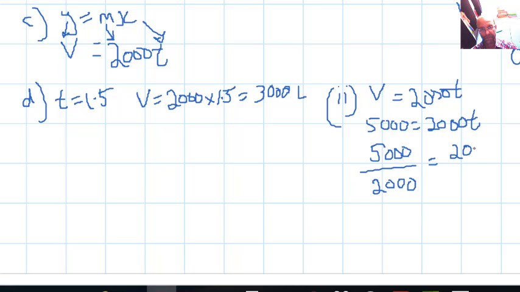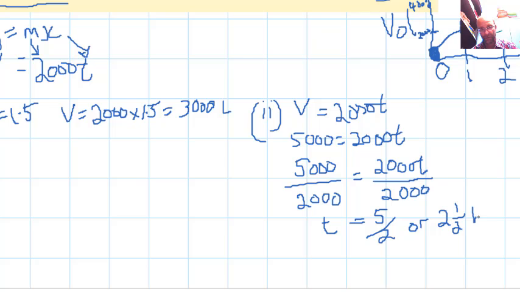It's a one-step equation. So if you're going to use a flowchart, it would just have two sets of squares there, or rectangles. Okay, so that would be t is 5 over 2, or 2.5, and time is in hours. So 2.5 hours. So that's direct proportion, and hopefully you can link that with gradient.